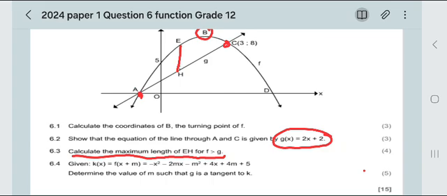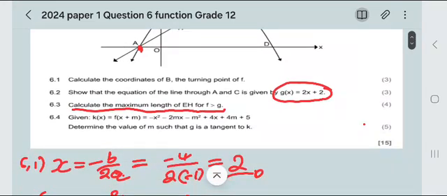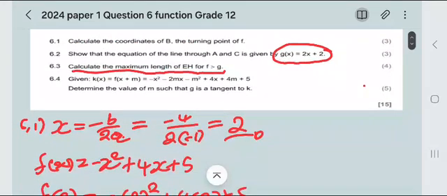When you are dealing with a cubic, the minimum and maximum also occur at the turning points. Those things you'll see. It's simply just a first derivative.